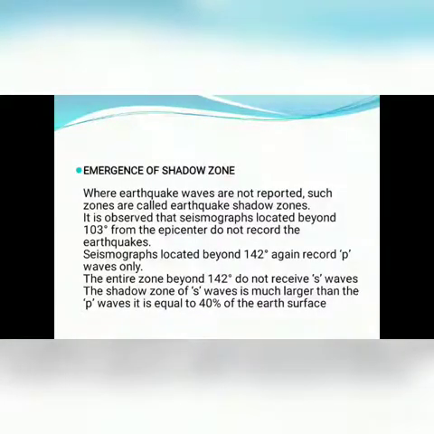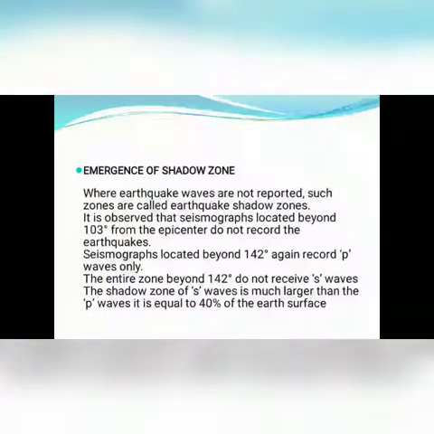Next is emergence of shadow zone. How and why does the shadow zone emerge? Where earthquake waves are not reported, such zones are called earthquake shadow zones. It is observed that seismographs located beyond 103 degree from the epicenter do not record the earthquake.